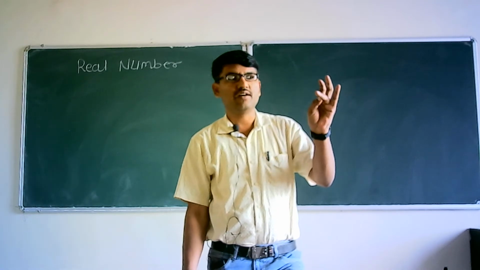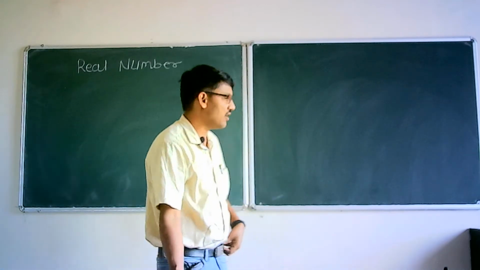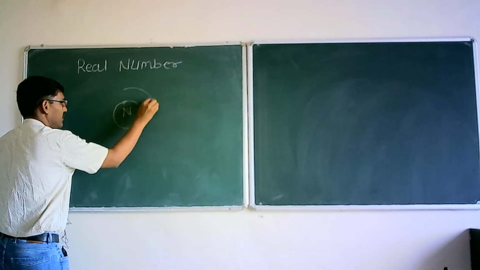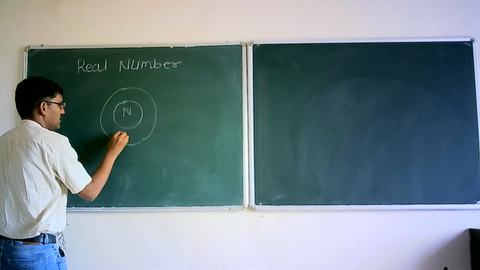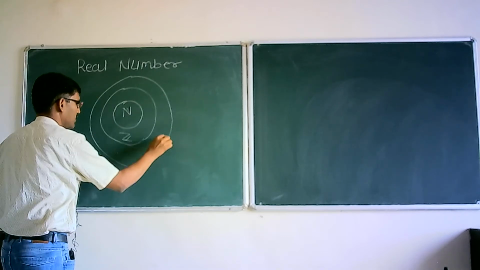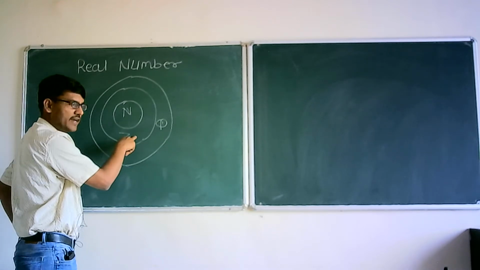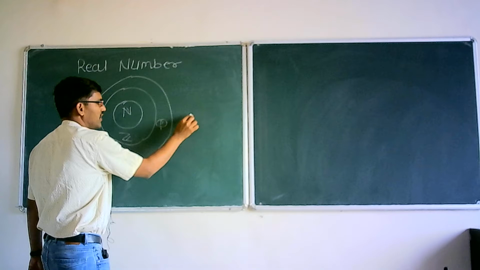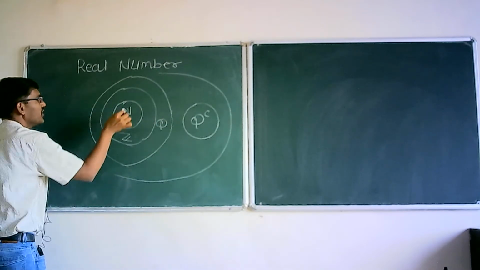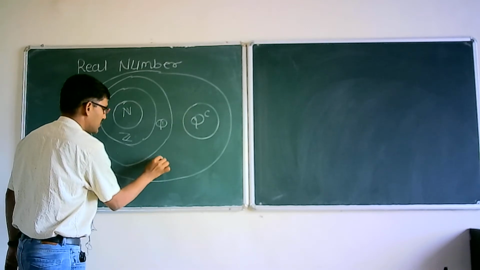Suppose this is the set of natural numbers N, then this is the set of integers Z, then this is the set of rational numbers Q. That is, N is a subset of Z, Z is a subset of Q, then irrational numbers. And if we take the union of rational and irrational numbers, then it forms the set of real numbers.